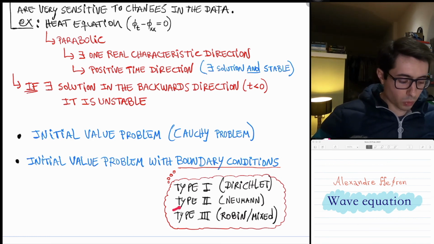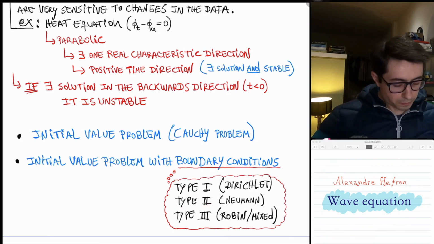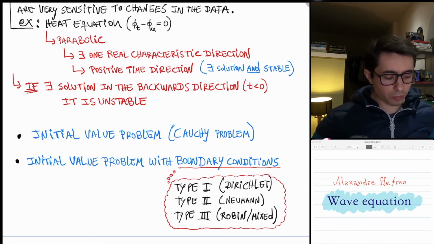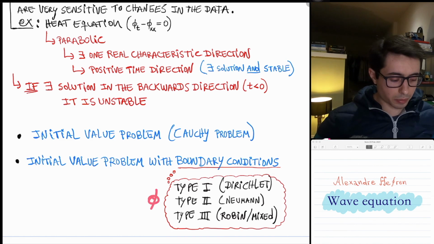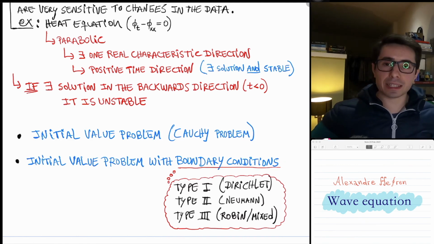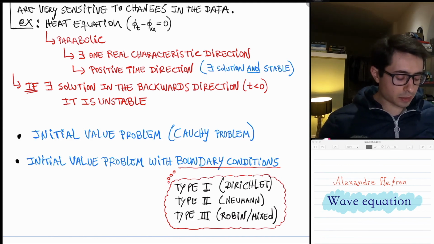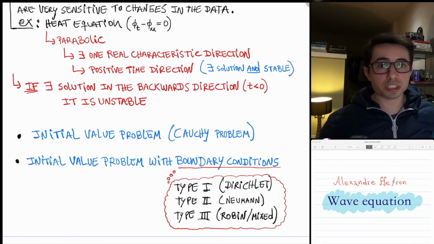Type 2, or Neumann boundary conditions, are conditions upon the derivatives of our function phi. And type 3 is the one which we call Robin or mixed boundary condition. In that case, we have some linear combinations, usually homogeneous and linear, and these will be a mixture of the function and the derivative of the function itself.